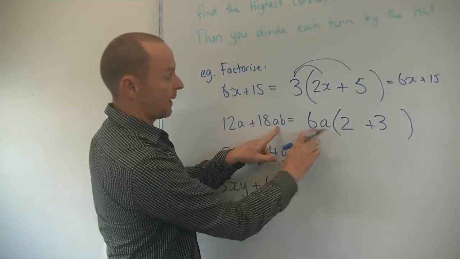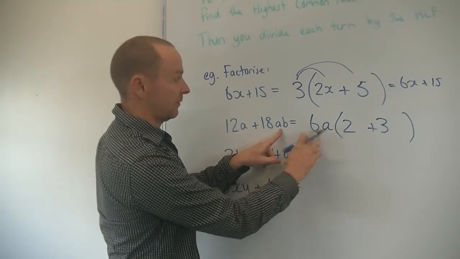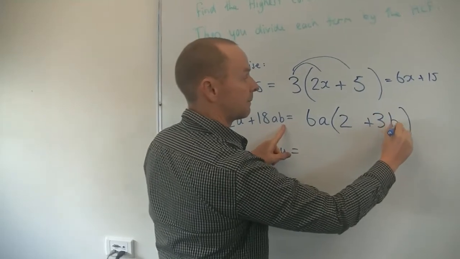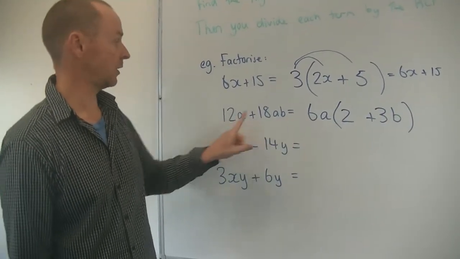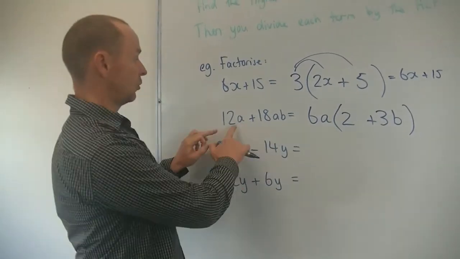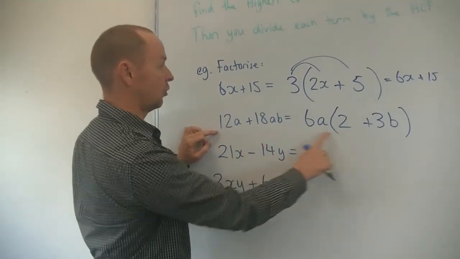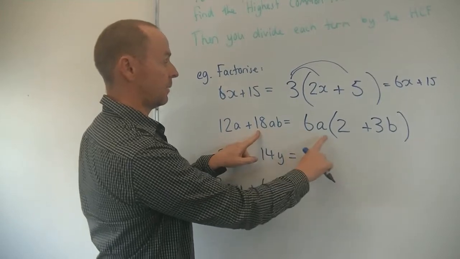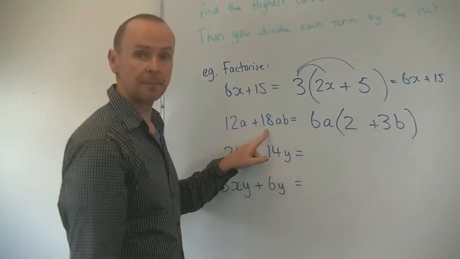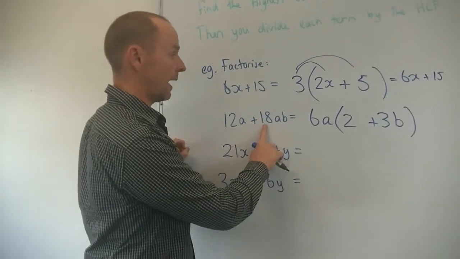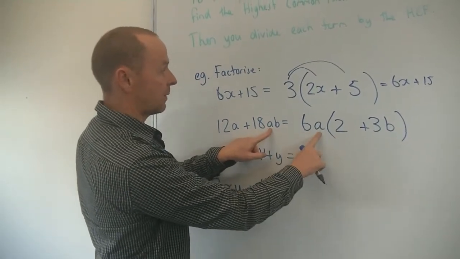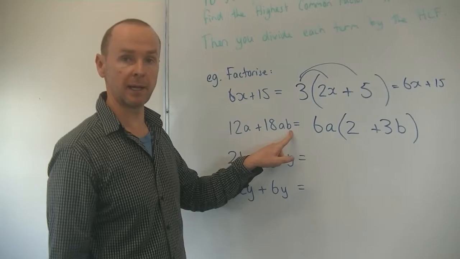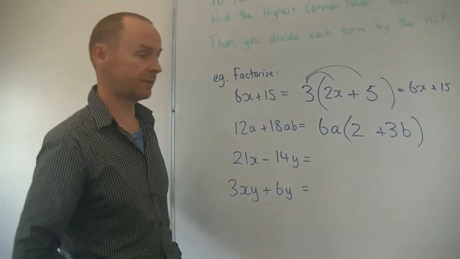AB divided by A. The A divided by A cancels, and we're just left with a B. So there's our answer. 6A is our highest common factor, goes into both of those terms. 12A divided by 6A is 2. 18AB divided by 6A is 3B. Do them separately. So go 18 divided by 6 to get your 3. And then A divided by A cancels, and you're just left with a B. Hopefully that makes some sense.